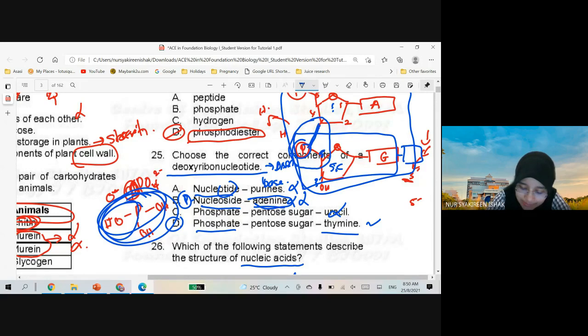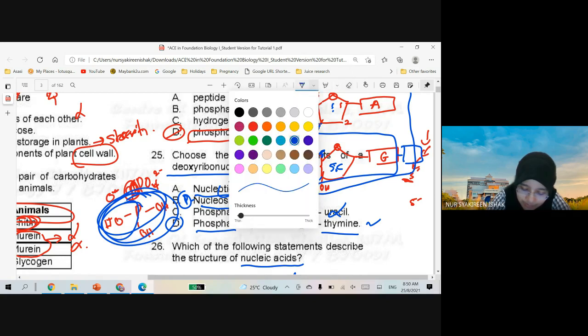Kalau circle terlebih, you include in the bond the carbon, your answer would be wrong. Kalau terlebih sikit kan, salah. So the bond does not include the carbon.